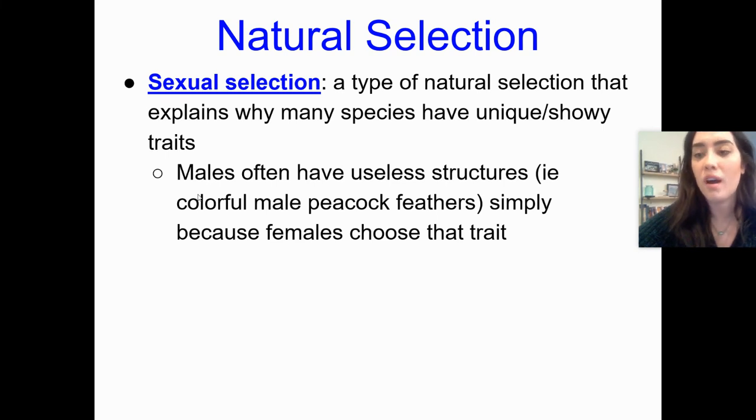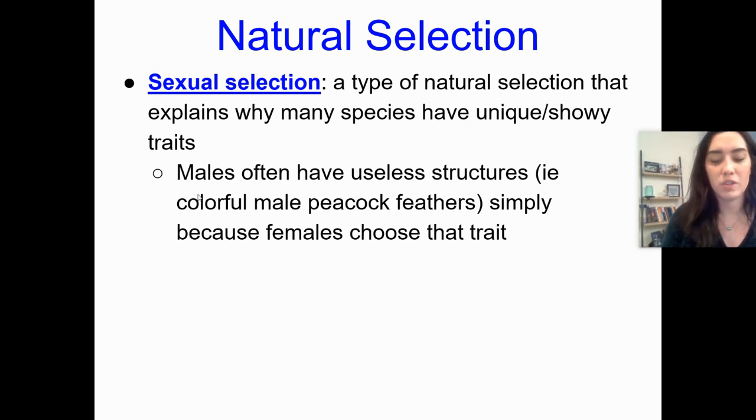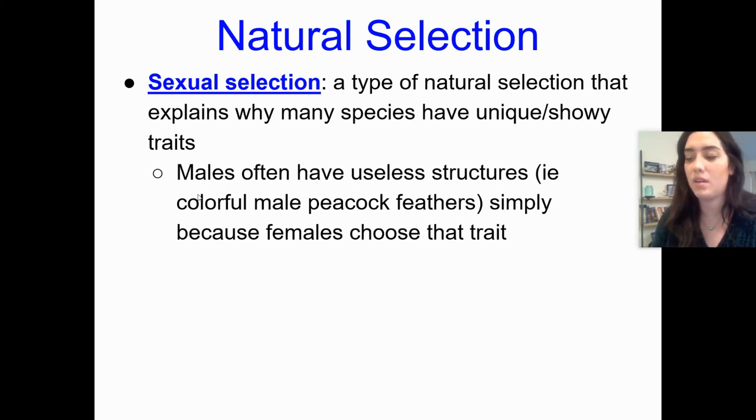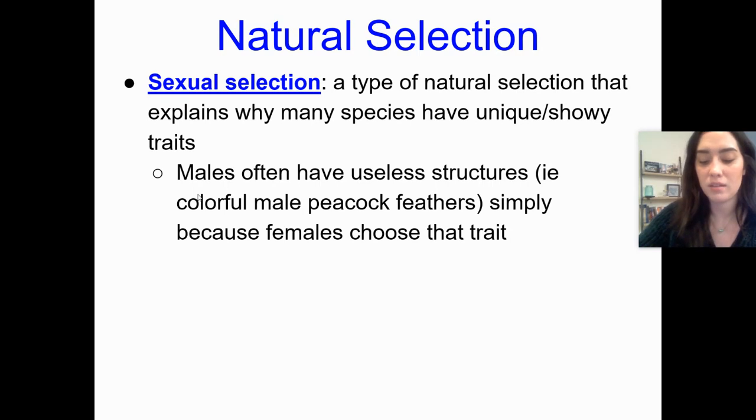So, a colorful male peacock. I think we did talk about this in class. If the peacock feathers are really, really large, they can actually be a hindrance to the peacock, because it can hurt its ability to avoid predators, for example. So these are useless structures, but because females like them and choose them for reproduction, the large peacock feathers win over time, and we're selecting for a phenotype that is strictly just for sexual reproduction.